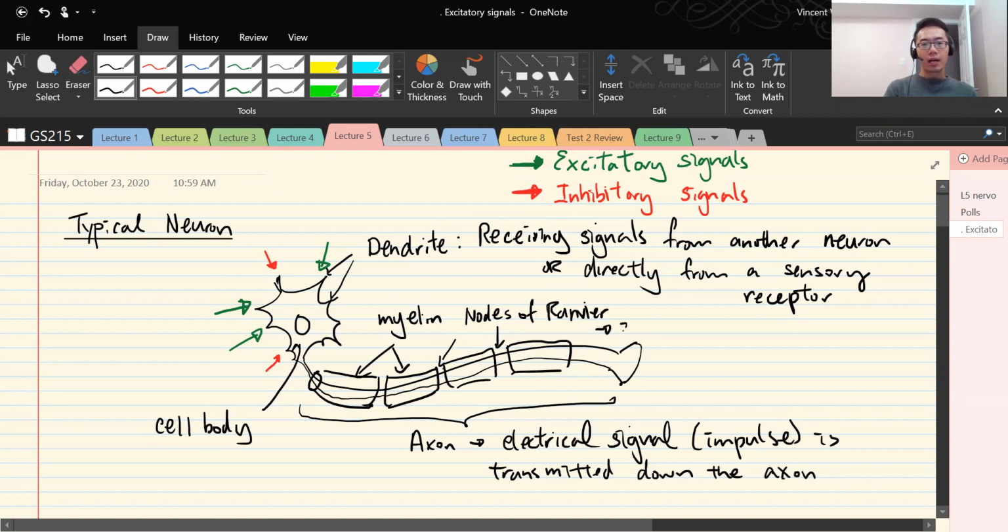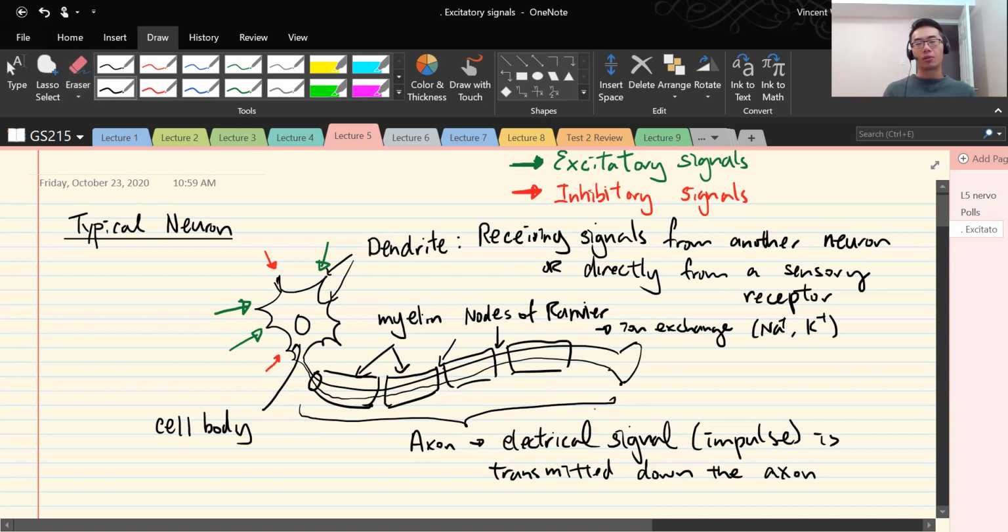Okay, so these are for ion exchange. The ions are like sodium and potassium, and the exchange of these ions creates an imbalance in charges, and that imbalance is what the electrical signal is.